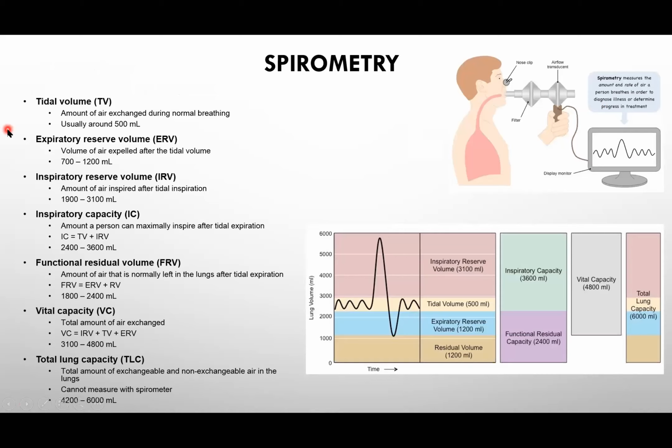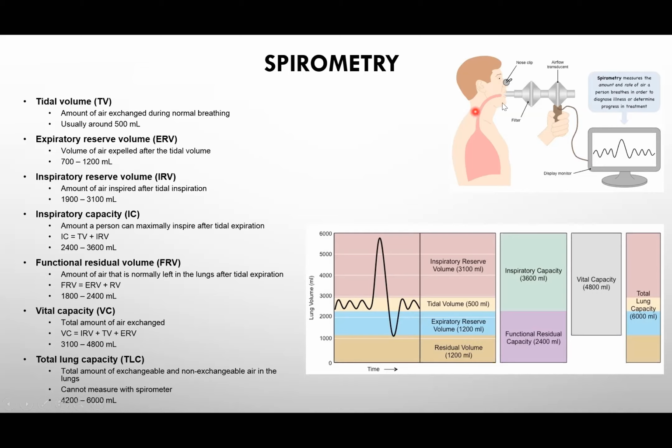All right, so I believe the last thing we have to talk about is spirometry. Spirometry is a very cool machine that measures the amount and the rate of air that a person breathes. It's only done if there's a suspected respiratory illness, or to determine if a respiratory illness is being treated properly.